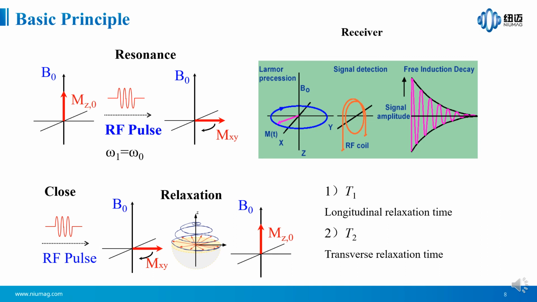This signal is the attenuation of the oscillation, and the frequency of the oscillation is the Larmor frequency. So this signal is also called the FID signal, free induction decay.